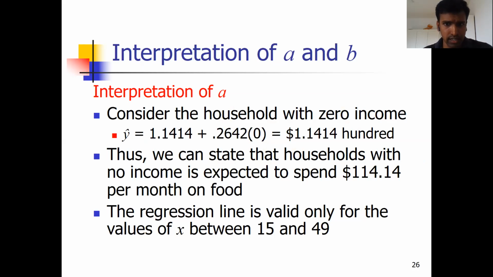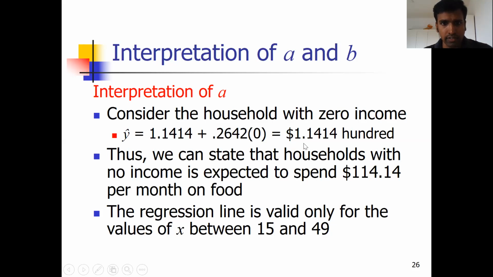Now if you look at the interpretation of A and B, which I told you earlier, I'll explain it here too. The interpretation for A is that if there is zero income, that's the X, if you substitute zero over there, people will spend about $1.14 on food.